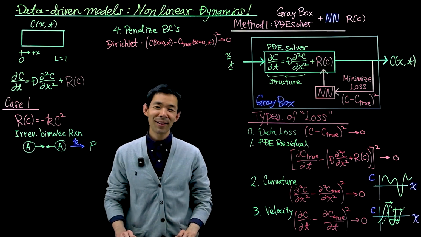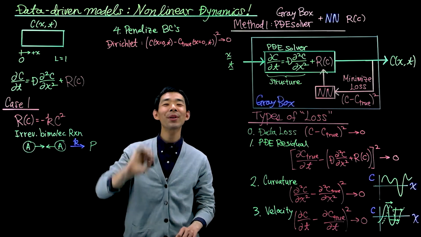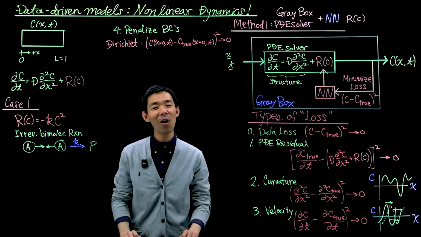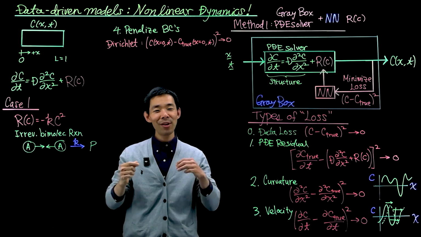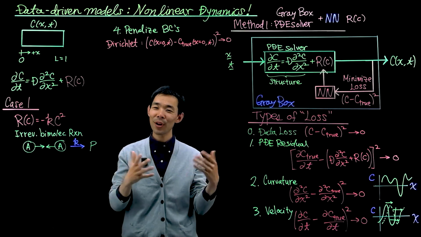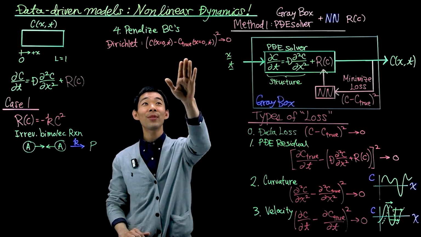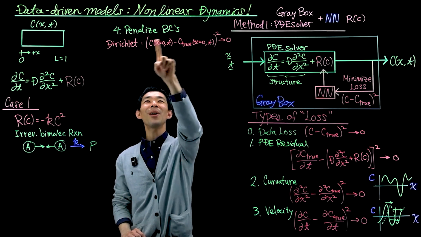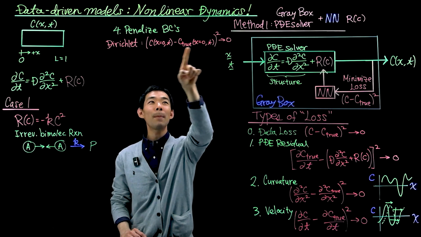The final class that's very common to include in your total loss is a penalty for your boundary conditions. That's something we haven't talked about so much. All I said is that this system had Dirichlet boundary conditions, and you know that from your physical intuition of your system. So you might want to include a Dirichlet boundary condition penalty, where you take your model's predicted concentration and subtract it from your true value at the boundaries.